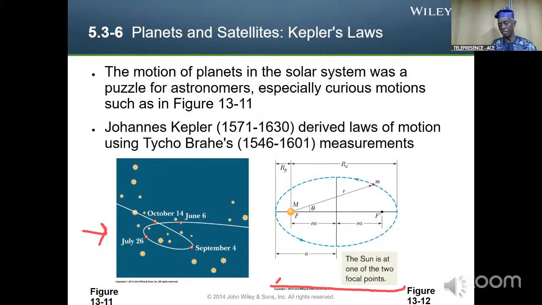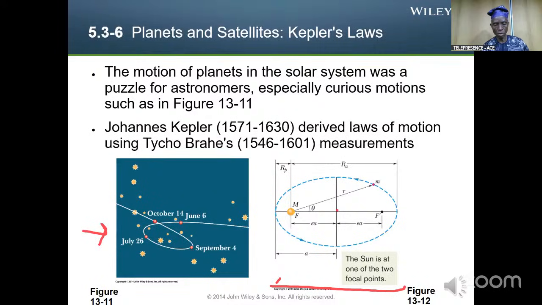And you can see that if the eccentricity E is 0, then everything will collapse. That means the two foci will meet at the center. So for a circle, the eccentricity is 0. But generally, planets move in elliptical orbit.